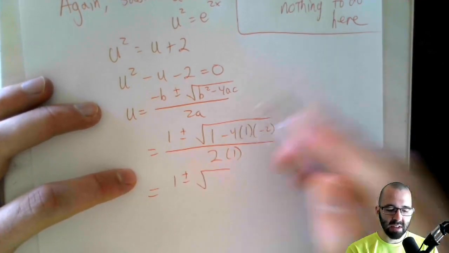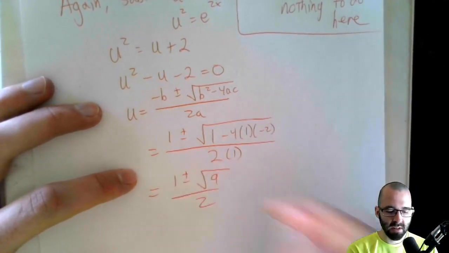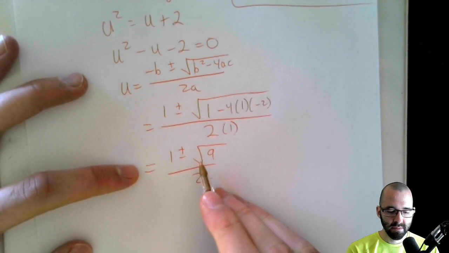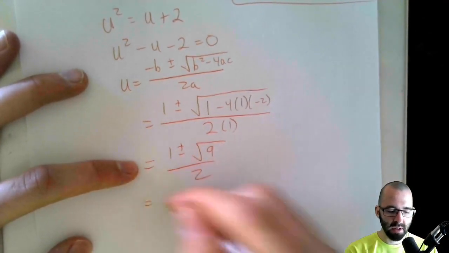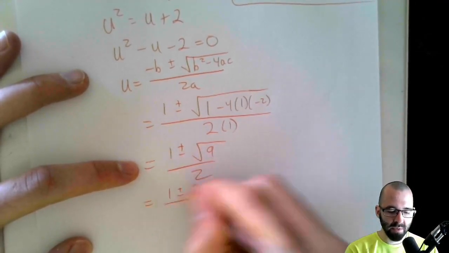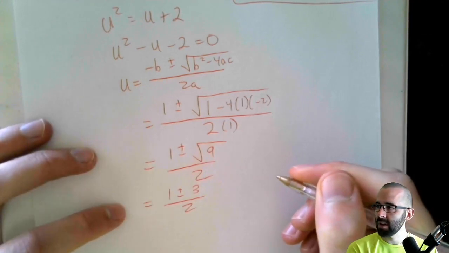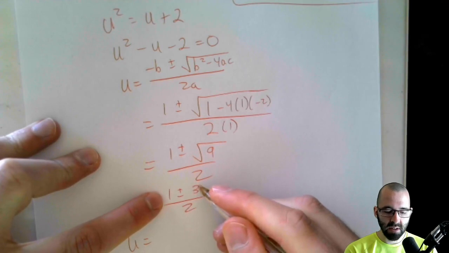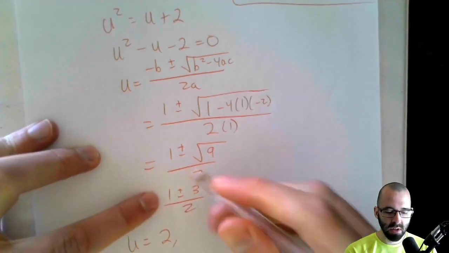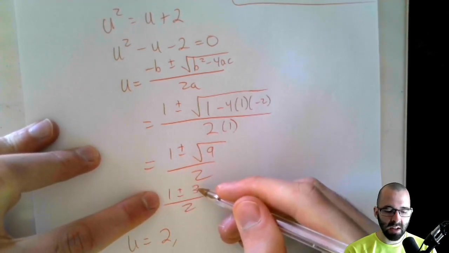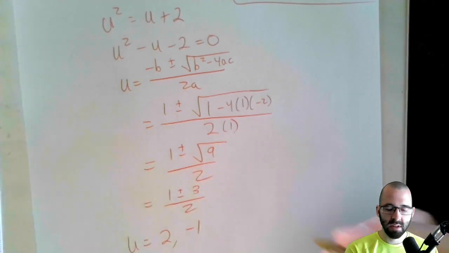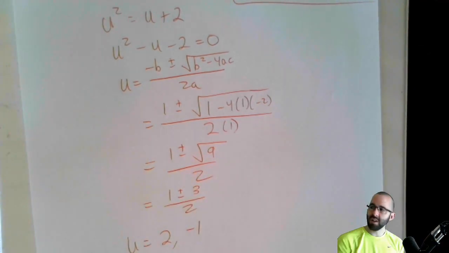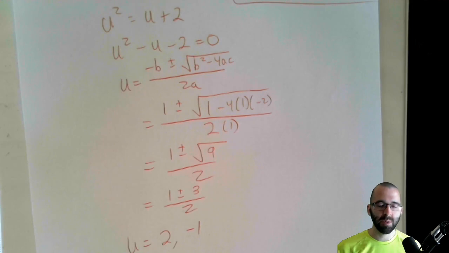This becomes a positive 8, so we get the square root of 9, which is 3. So you get 1 plus or minus 3 over 2, and now we just split this up. So we get u equals 1 plus 3 is 4 over 2, which is 2. 1 minus 3 is negative 2 over 2, which is negative 1. So if you want to use the quadratic formula, you can. Just be a little careful.